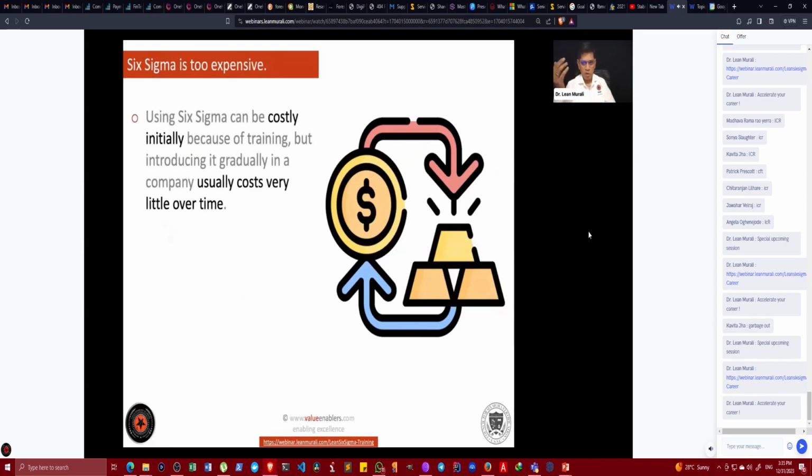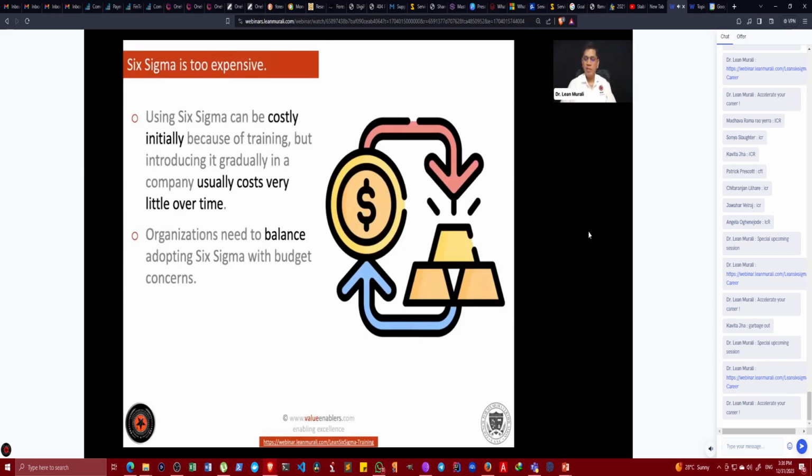Initially, it might be costly. See, when you go to Harvard or MIT, you need to spend for education, right? But then that knowledge will help you save a lot of money. You have to strike a balance when you are implementing Six Sigma. Quality is not expensive. It looks expensive because you spend time in learning first.